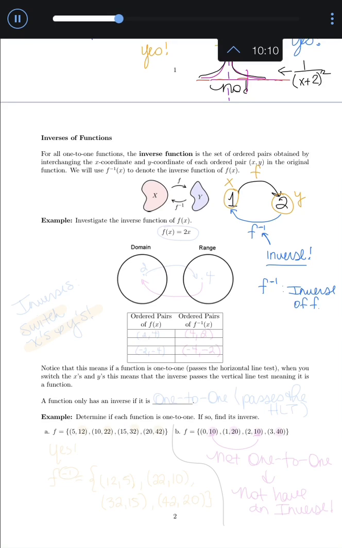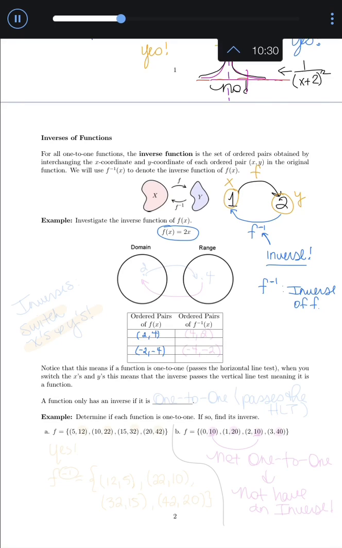So as an example, we have the function f of x equals 2x. So if I plug in 2 as x, I'll get out 4 as y. If I plug in, let's say, negative 2 as x, I get out negative 4 as y. What will the inverse do?